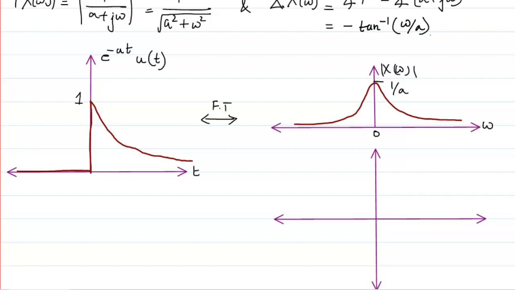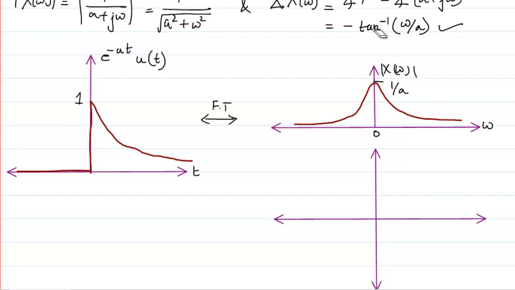If I put omega equal to 0, tan inverse of 0 by a is going to be 0 itself, and then as the value of omega goes for positive values, this value will slowly move towards the angle minus 90 degrees.